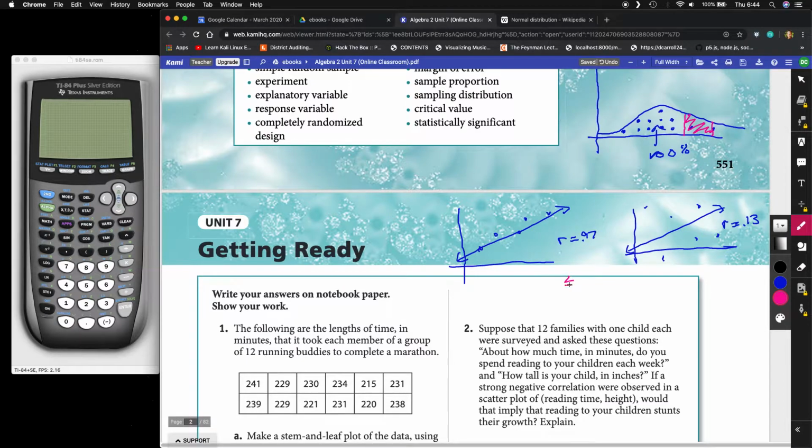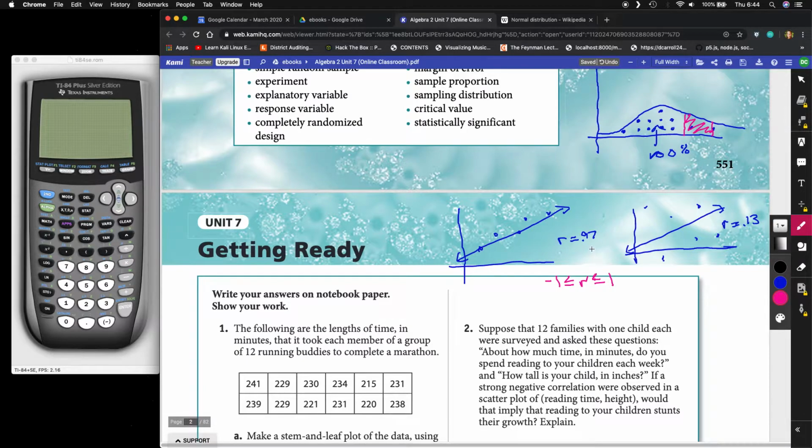So ultimately, we're getting a little bit off topic here, but it's important to link these concepts together. R is going to be between -1 and +1. The negative signifies a downward slope. The positive signifies an upward slope.